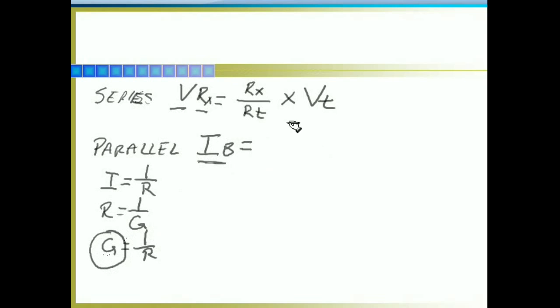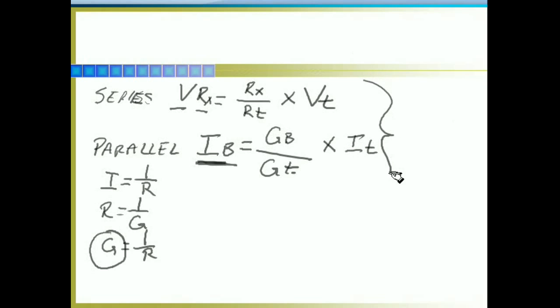And therefore, the current in a specific branch is going to equal the proportionality of conductance of that branch to the overall conductance times the total current for the circuit. And that will give you your current flow through that branch.